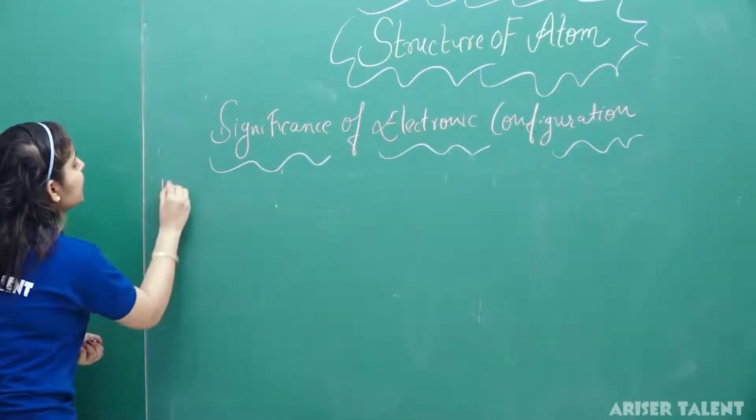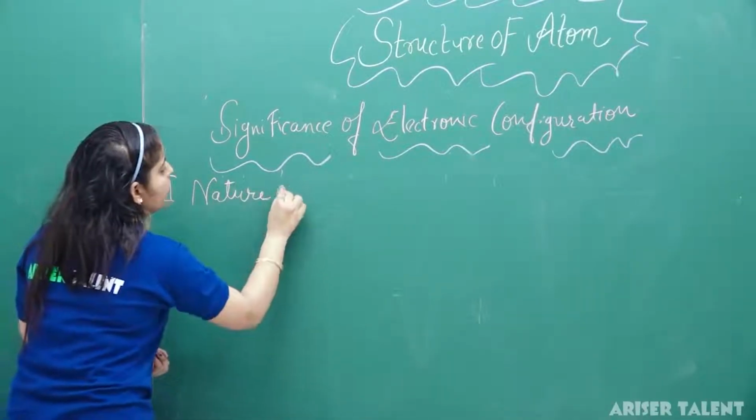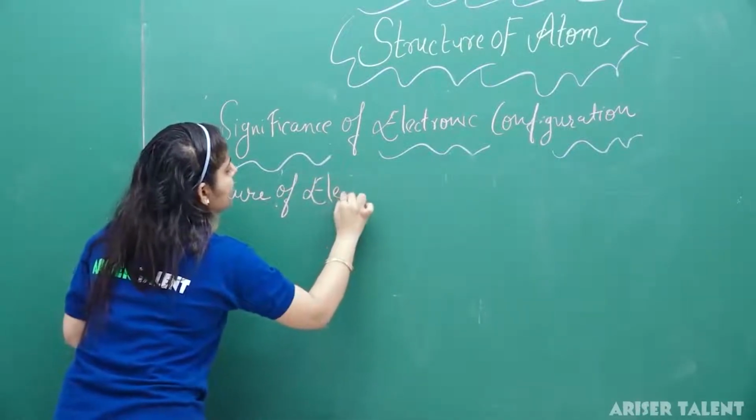The second significance of electronic configuration is that it tells us about the nature of the element.